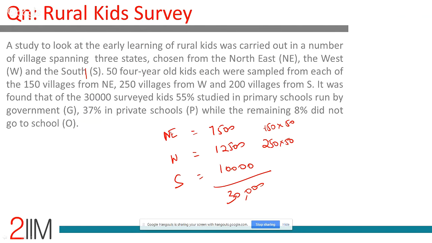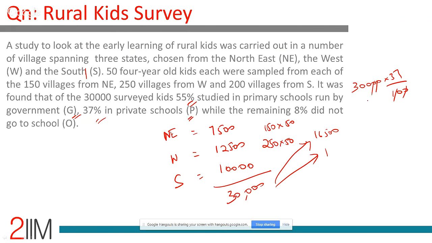It was found that of the 30,000 kids surveyed, 55% studied in primary schools run by the government, 37% in private schools, while the remaining 8% did not go to school. 55% of 30,000, so 16,500. 37% of 30,000, so 30,000 into 37 by 100.